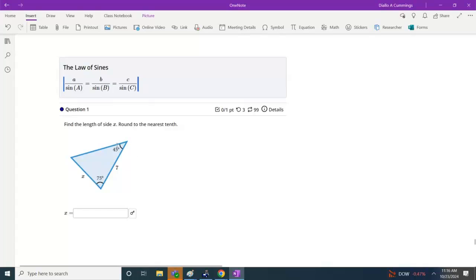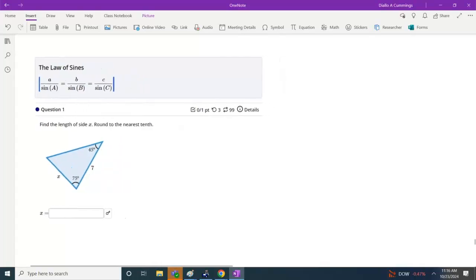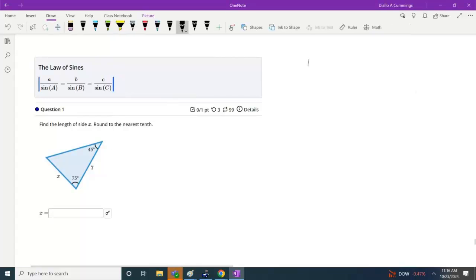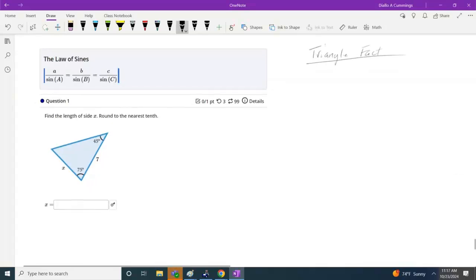Now, as far as a triangle is concerned, here is a triangle fact, and this is true of any triangle, not necessarily an oblique triangle.